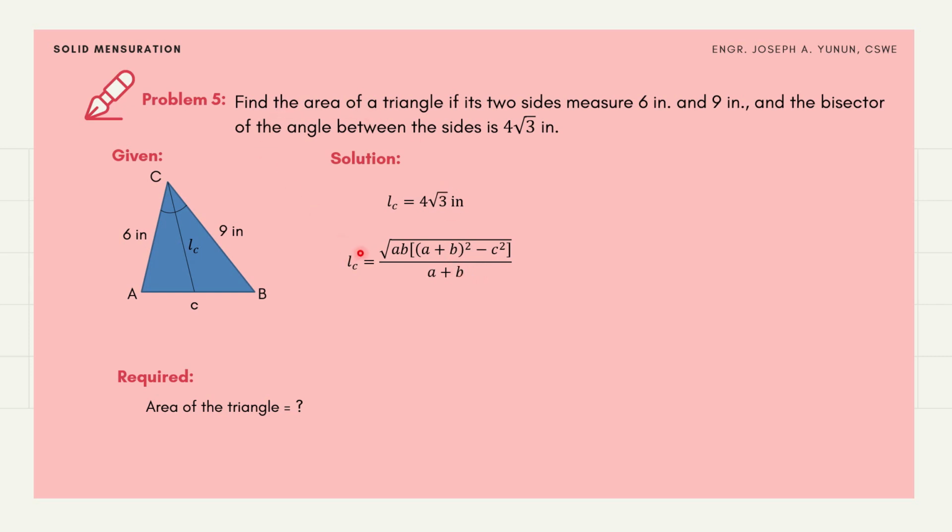Area, right? For this particular problem, this is A and B, and the unknown is C. We have the angle bisector, which is this one. So simplify that equation to solve for C.